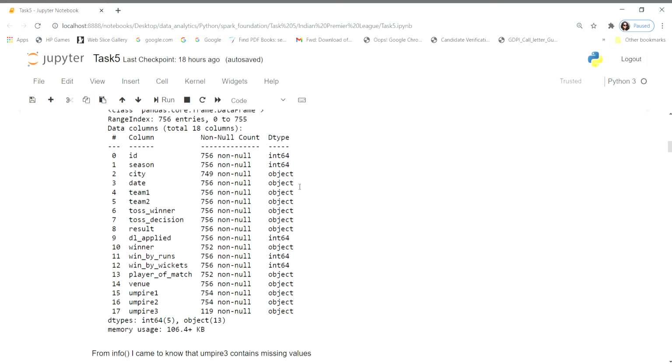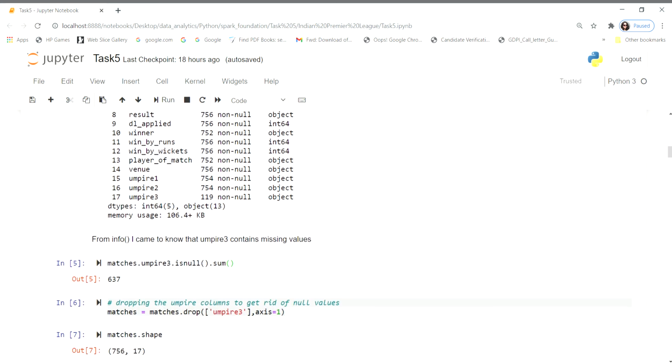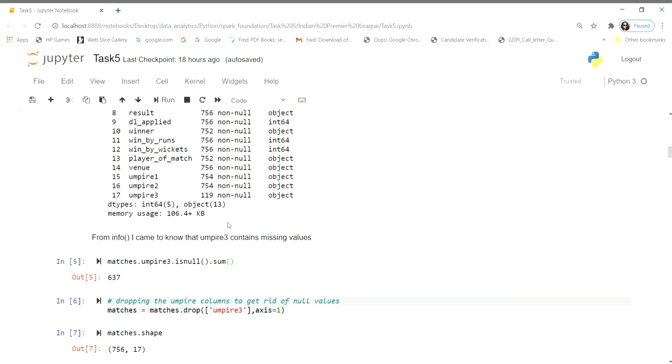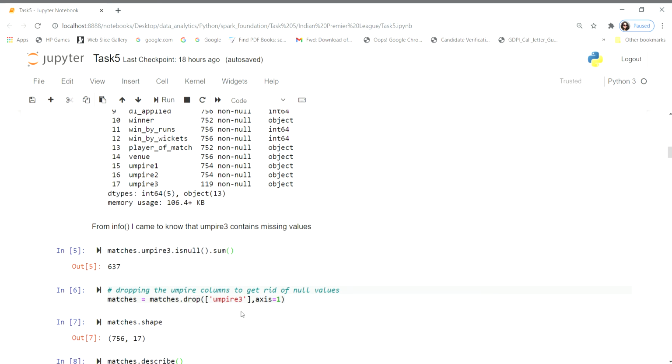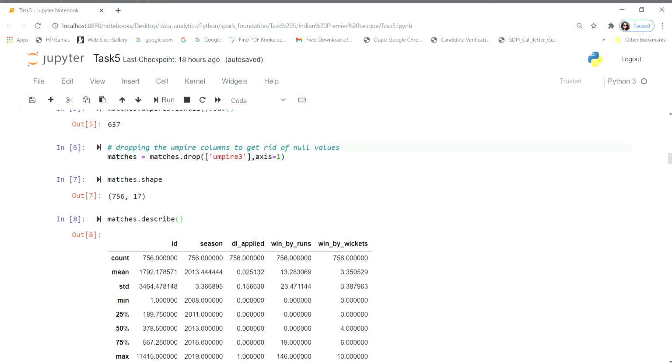The null values number 633 out of 754, which can't be imputed. So I removed that variable from the dataset, and I was left with 17 columns.